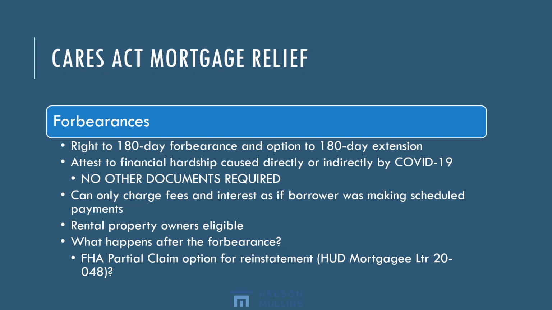You can't require them to provide any other documents to get this forbearance. They have a right first to a 180-day forbearance, and then if they request it, they can have another 180 days. That is a very long time that the loan may be forborne from the borrower having to make payments. During that time period, you can only charge fees and interest as if the borrower was making the scheduled payments. So you can't charge anything as if they are delinquent or not making payments.